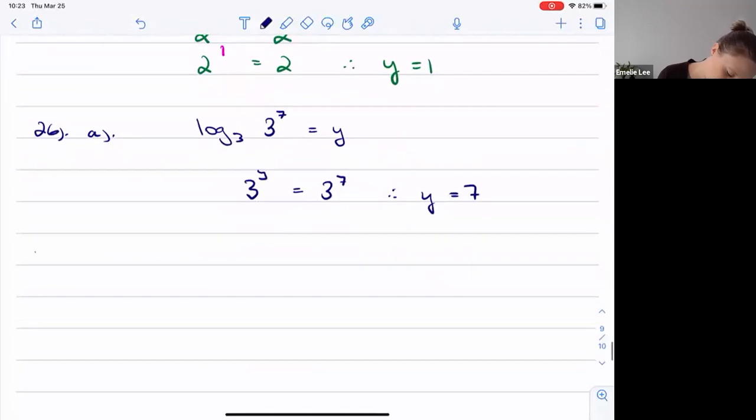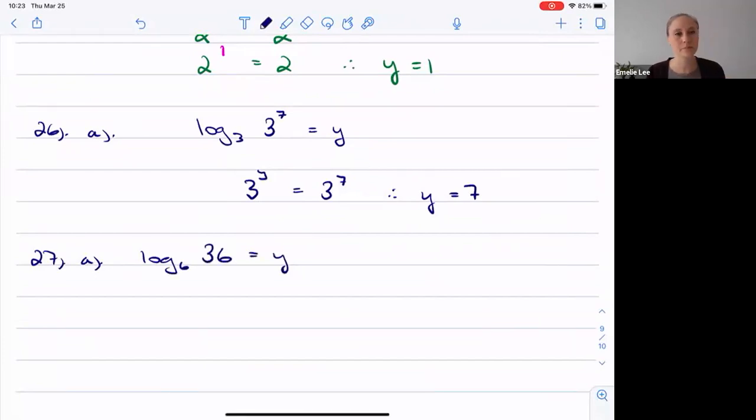Log base 6 of 36 equals y. So now I have 6 to the power of y equals 36. Again, it's not that bad to have to solve for that y.